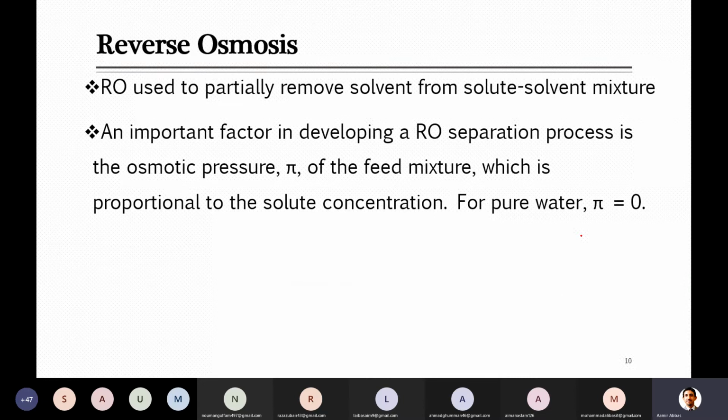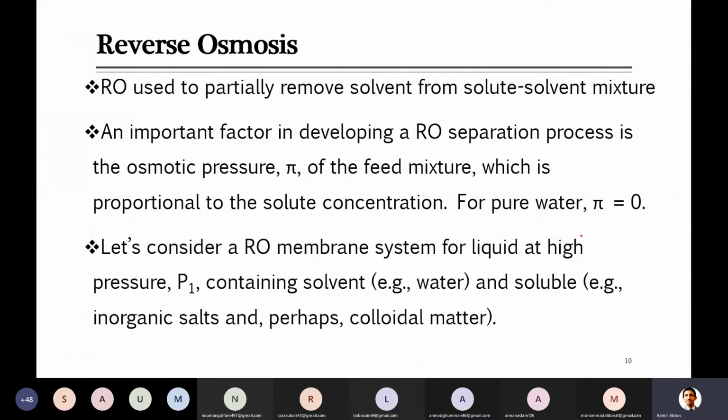When you keep on increasing the amount of salt inside the water, with the increase in concentration of the salt, the osmotic pressure will keep on increasing. In the next part of the lecture, when we go for the design calculation, you will look at some of the correlations to calculate the osmotic pressure. If you know the concentration of the solutes, or if you are given the range, which correlation can be used will be discussed there, inshallah.